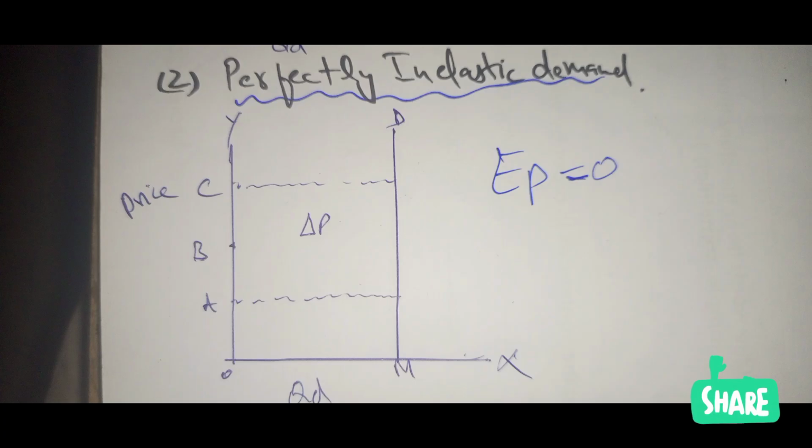It increases and increases. Here price is shown on the y-axis and quantity demanded is shown on the x-axis, and demand is either increasing infinitely or reaching down to 0, which shows that demand is completely or perfectly elastic.